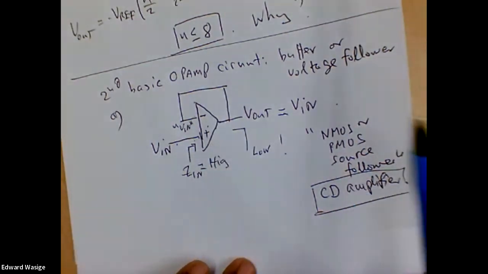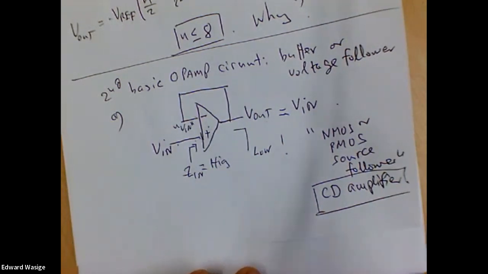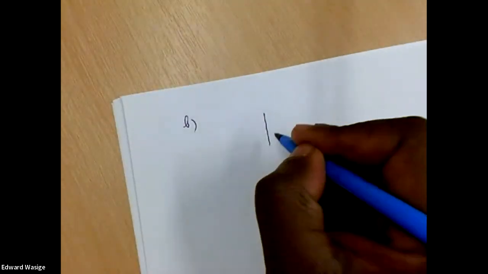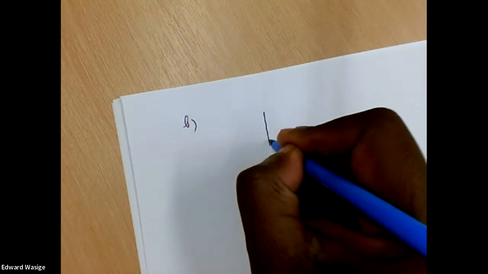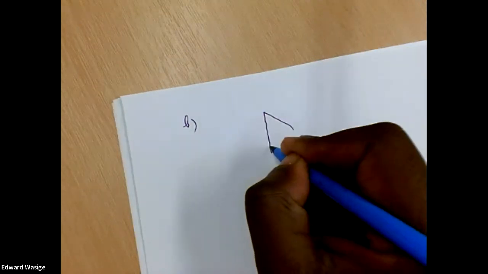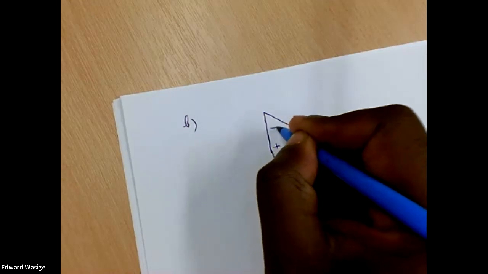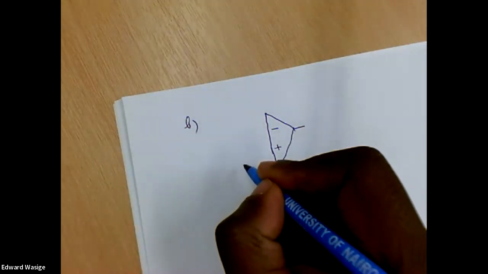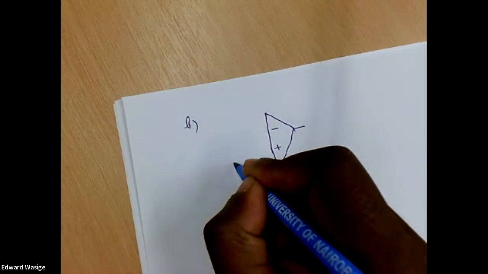The sister to this circuit is the same circuit, but it has amplification, which is B. So if we have an op-amp, we can create a buffer or a voltage follower with amplification in it.